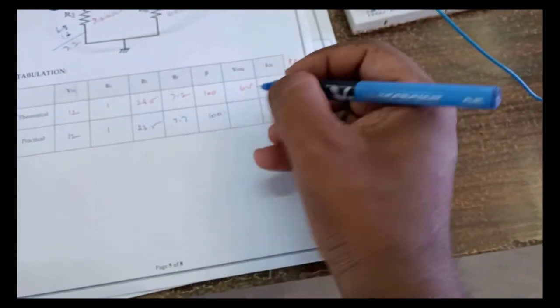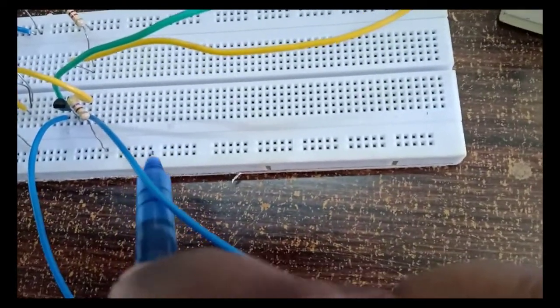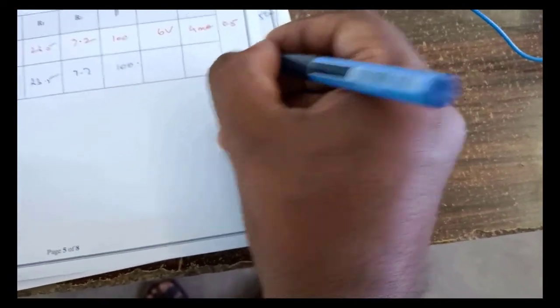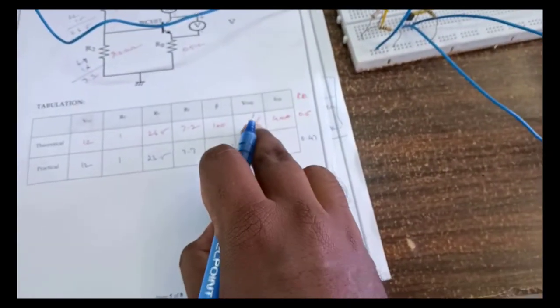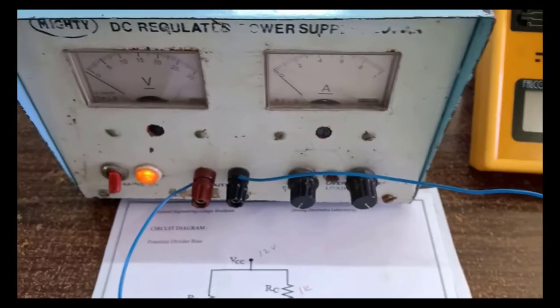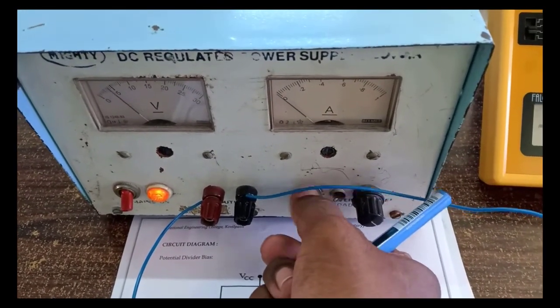Then beta is 100. For RE we have the resistance value 470 ohm, 0.47. Our expectation is VCEQ of 6 volt and IC of 4 milliamps. For VCC, I am going to set 12 volt.